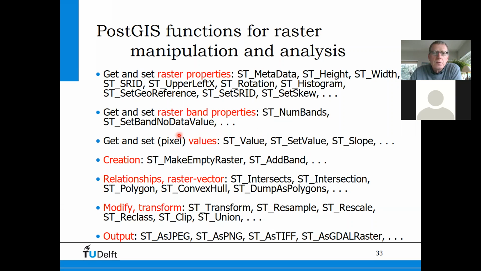So changing an individual value is a rather uncommon operation, but it is possible. There are functions to create new raster objects and to add bands to an existing raster object.